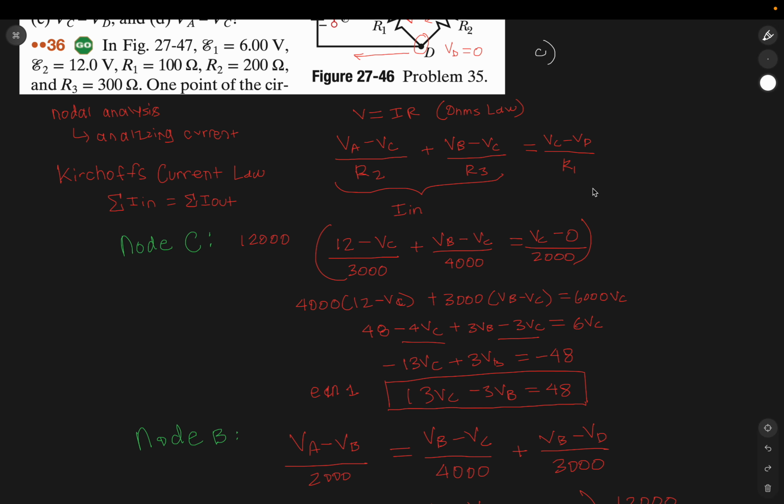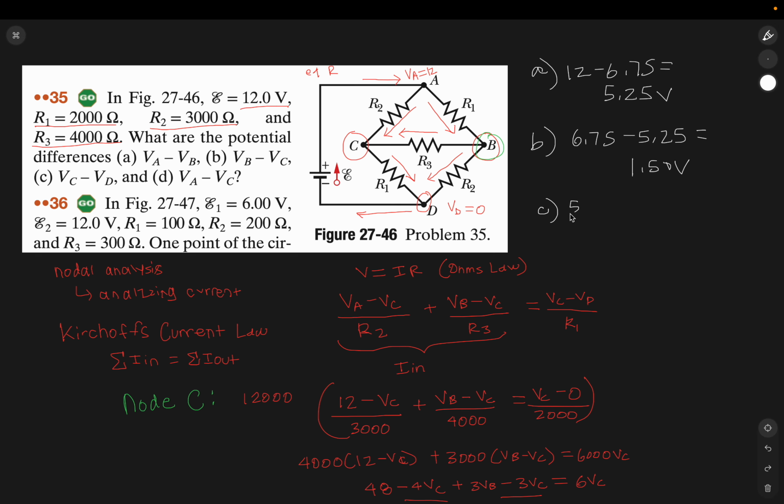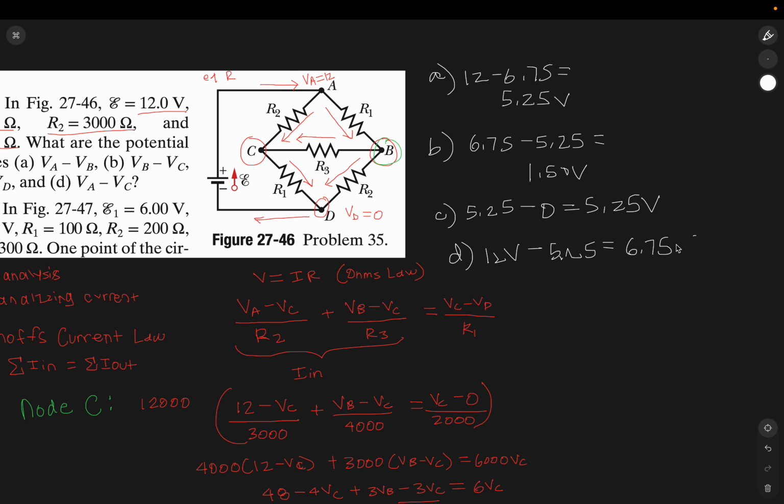Yeah, 5.25 minus 0, which is just 5.25. And part D was VA, which is 12, minus VC, which is 5.25. And that will be 6.75 volts. So these are our answers.